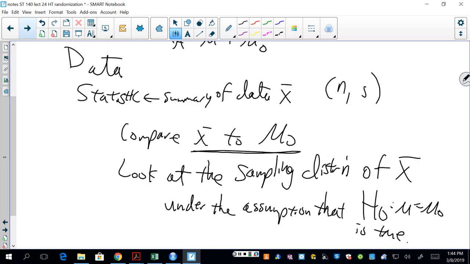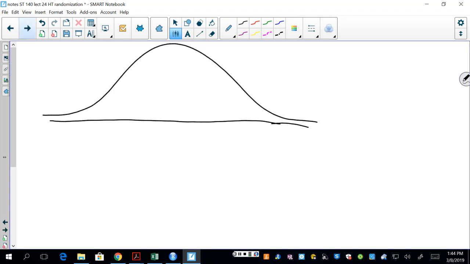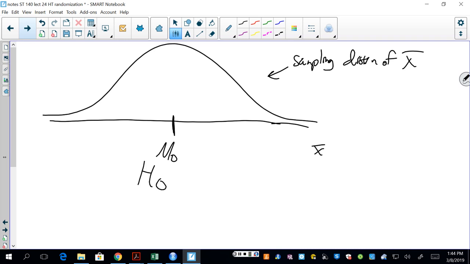And this sampling distribution, we're going to see a picture a bunch of times on Monday. If the null hypothesis is true, the sampling distribution of X bar, here are the values of X bar on this axis, should be centered right there at our hypothesized value.